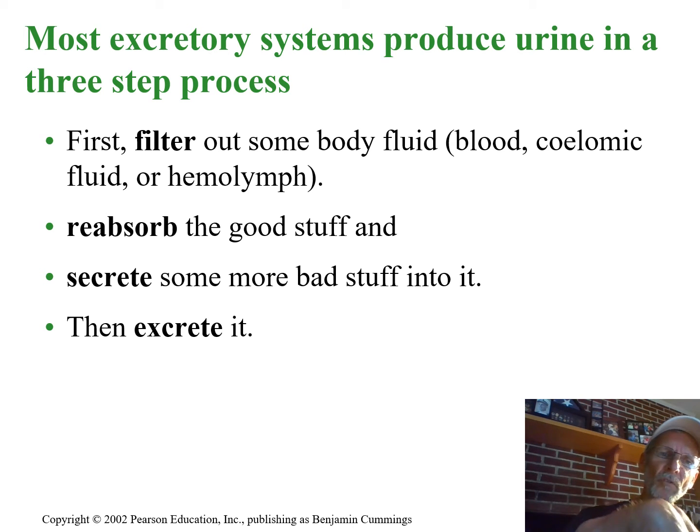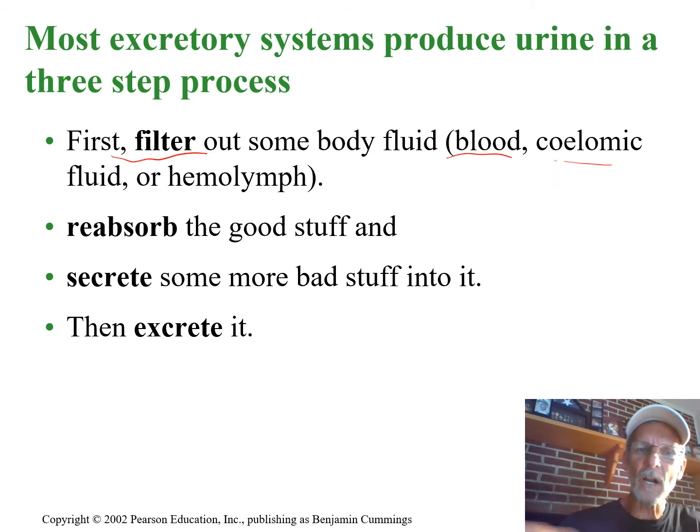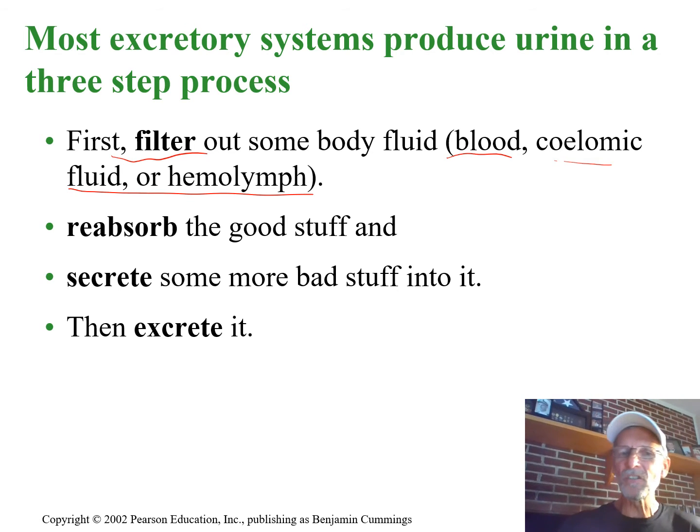Those steps, number 4. First, like I said, filtering out is kind of a key process here. Your kidney is like a filter. What's it filtering stuff out of? Your blood, or maybe it depends on what kind of animal you are. Maybe these tissues, these liquid tissues, but they all are kind of like blood, and we'll focus on blood, right?